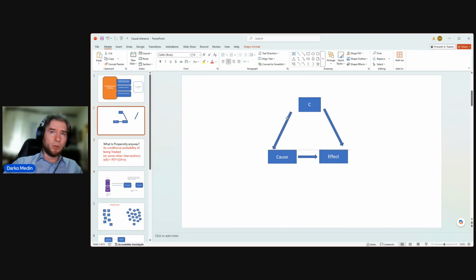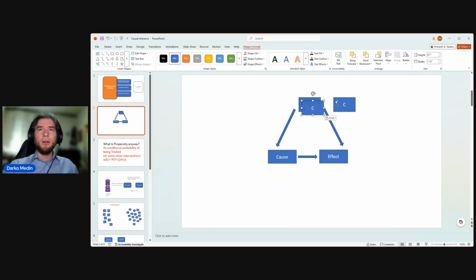In reality, the situation is pretty much like this. You don't have just one confounder. You have multiple of them. Like you could have 5 confounders. Each of them could be having a backdoor towards the cause, but also towards the effect, right?